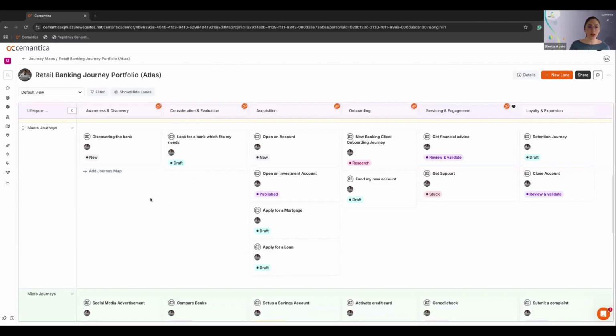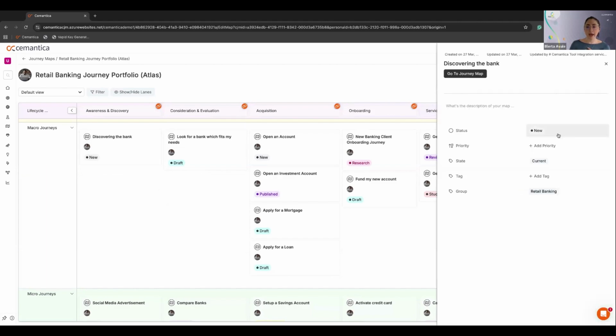So this is a macro journey here, and we can include a status of the journey. We can include a priority. We can see if this is a current stage or a future stage journey. We can tag it as well, and also add accountability. So what group or what department maybe is working on this journey or is accountable for this specific journey. We can add that accountability here as well and see that in here. You can also add a description for your journey here as well.